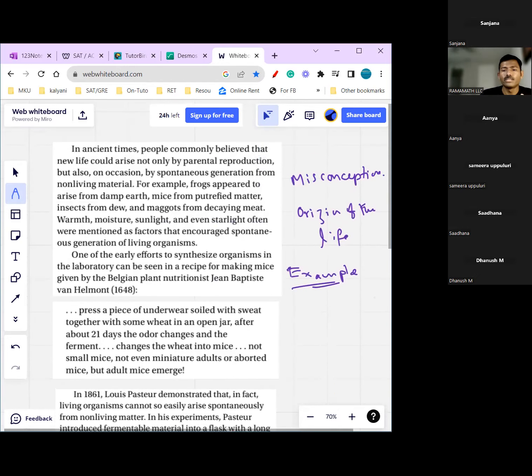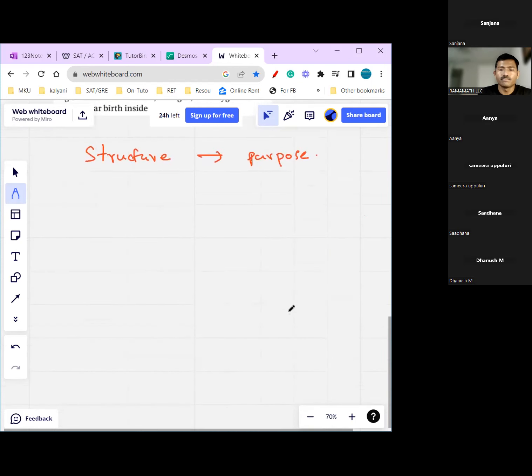The structure of an expository passage basically answers guiding questions. They give you some guiding questions, and then the passage builds on that. I'm going to give you some notes too. So if you have any expository passage, it always has guiding questions.